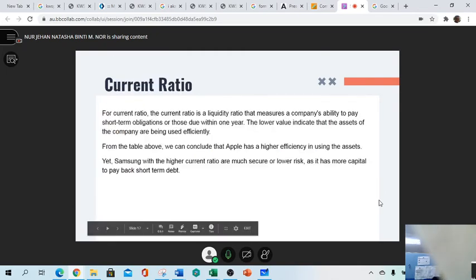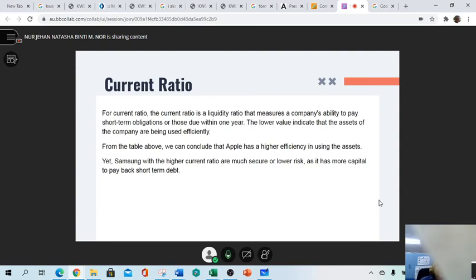To continue with me, current ratio. The current ratio is a liquidity ratio that measures a company's ability to pay short-term obligations or those also due within 1 year.